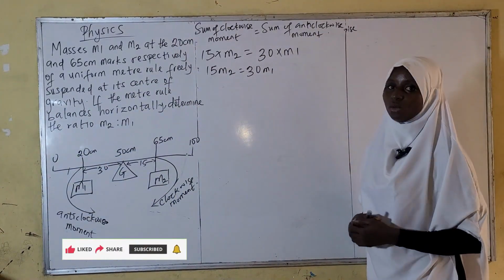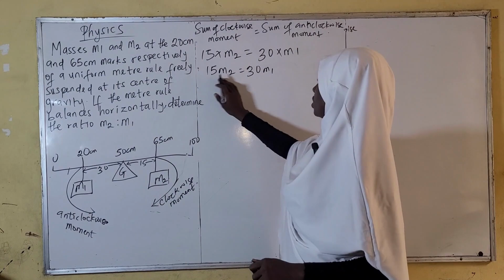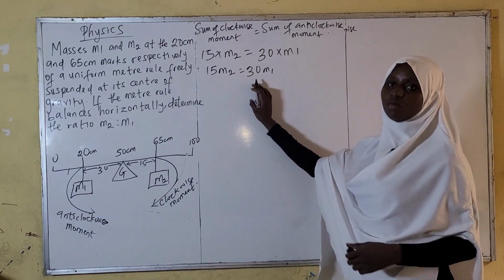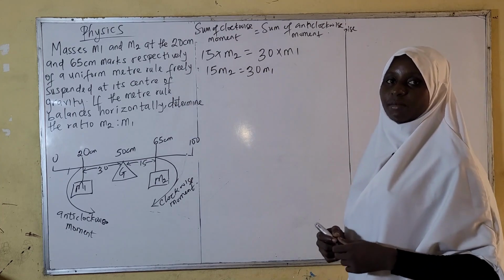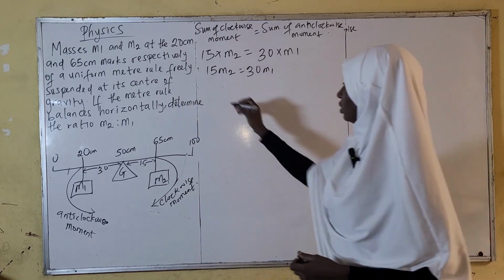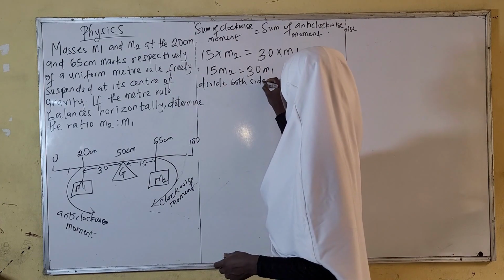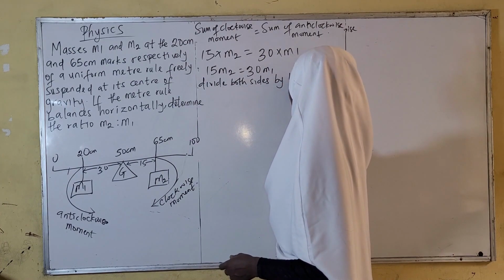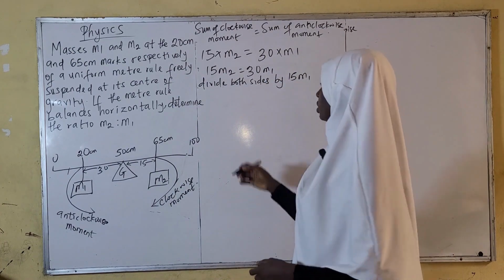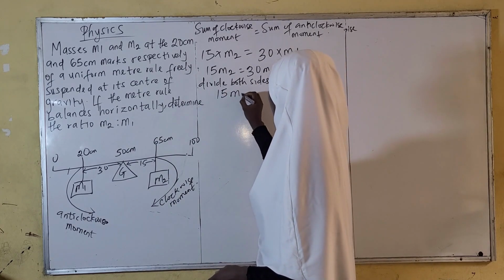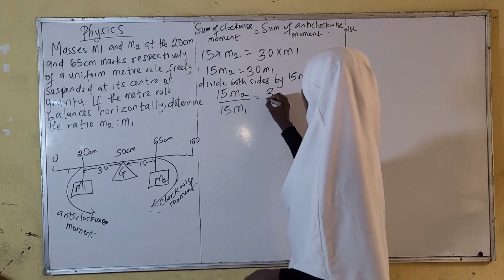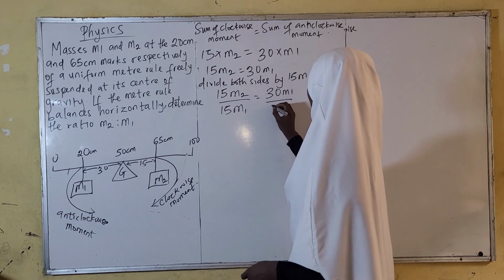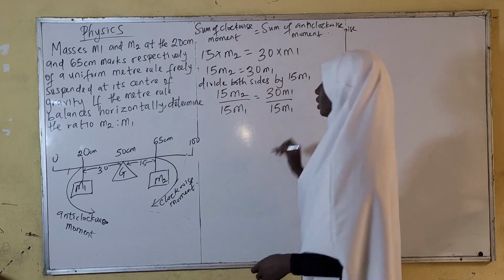So what do we do here? Since we have 15 M2 is equal to 30 M1, I can divide both sides by 15 M1. If I do this, I'm going to have 15 M2 over 15 M1 is equal to 30 M1 over 15 M1.